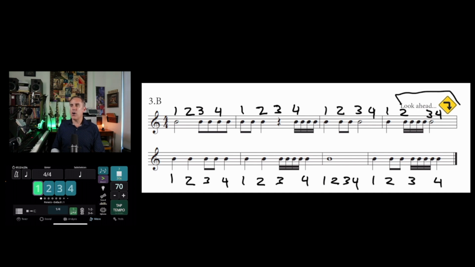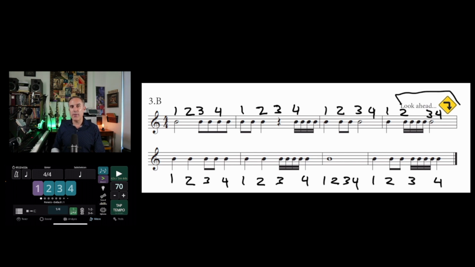Tik-A Tik-A tee tee ta ta, Tik-A Tik-A ta tee tee ta ta, Tik-A Tik-A ta tee tee, Tik-A Tik-A ta.